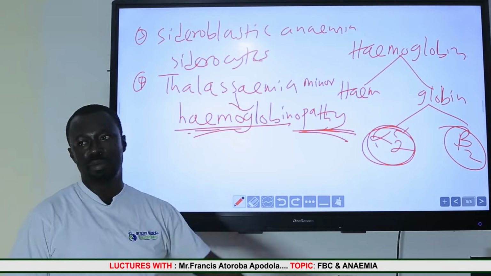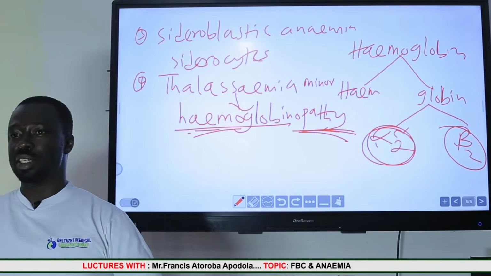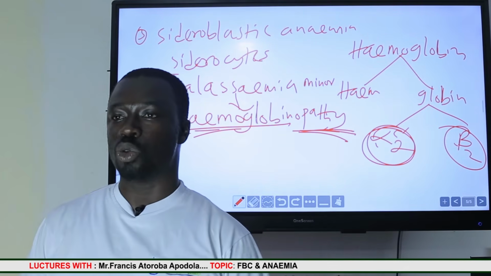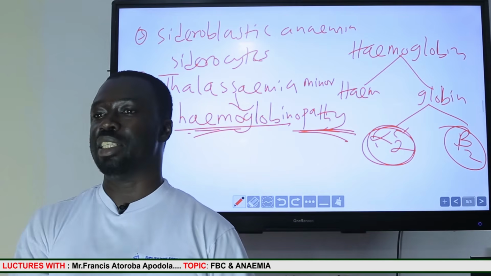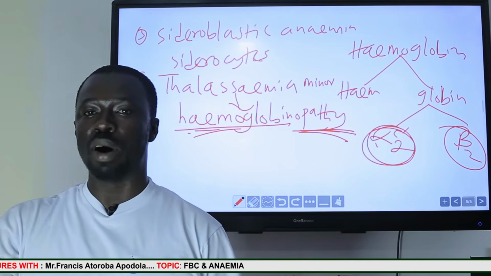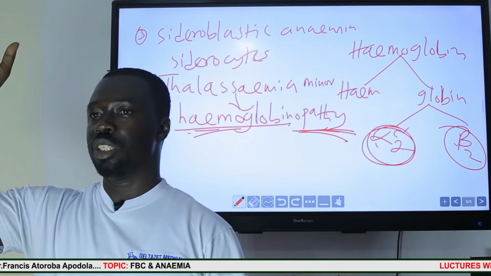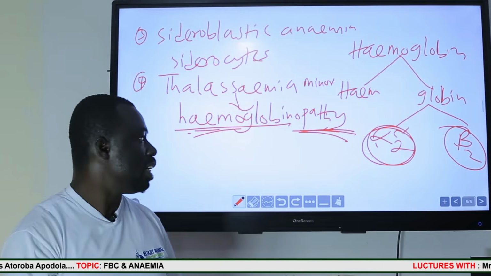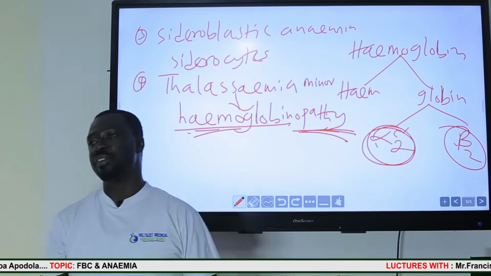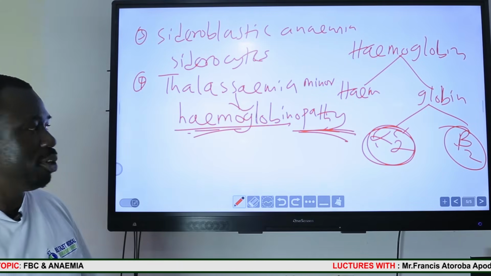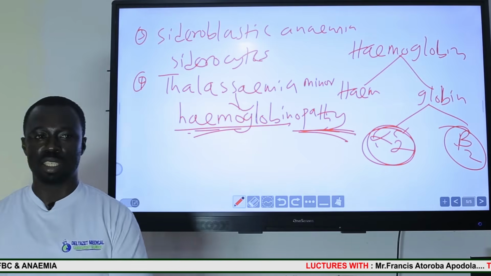Then we also spoke about thalassemia. And we said thalassemia is a genetic disorder that refers to a reduction in the synthesis of the globin chain. If the globin chain whose synthesis is being reduced is the alpha, that becomes alpha thalassemia. If it is the beta chain, that becomes beta thalassemia.